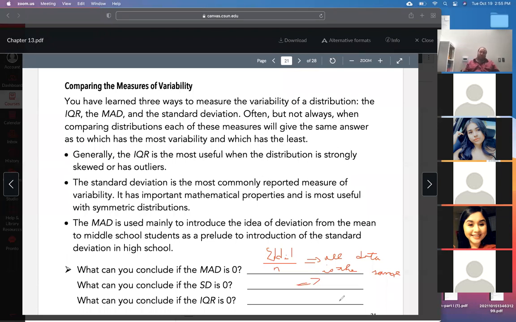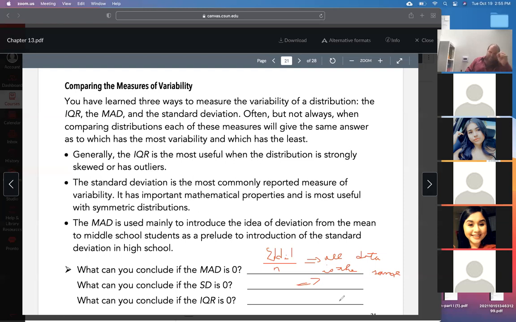What if the IQR is 0? Then Q1 and Q3 would be the same.